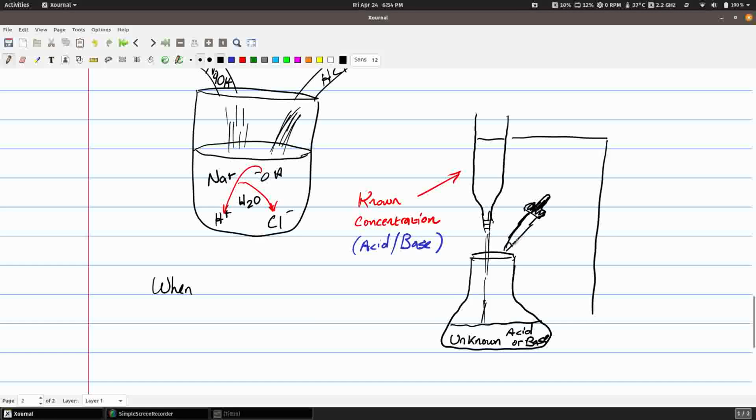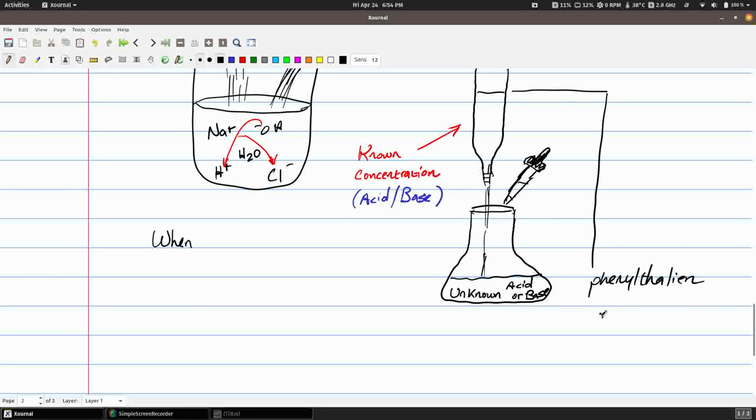The indicator is clear, but depending on what you're mixing it with, it's usually phenolphthalein, and I don't even know how to spell that. I think it's bromothymol blue for the acid, but I don't remember off the top of my head because I don't like memorizing experiments.